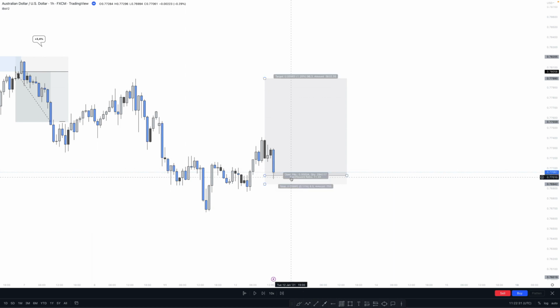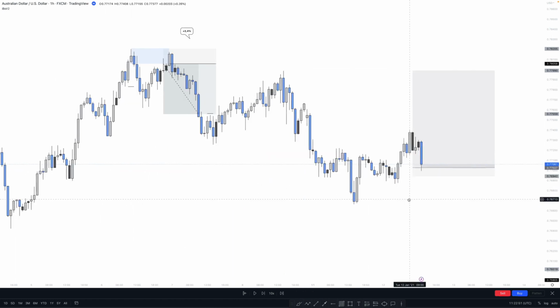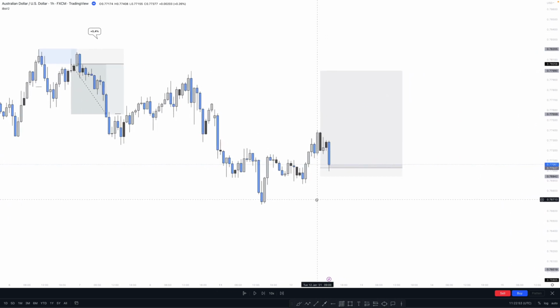So I can admit that I'm not a fan of the double confirmation entry on AUD/USD. And this bearish leg was quite aggressive, so I think this is going to finish in stop loss. But it's still considered a reversal trade, and I know how the pair moves and what it likes to do.